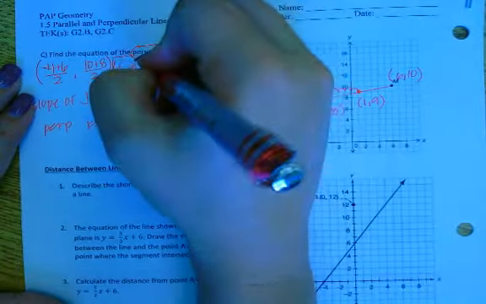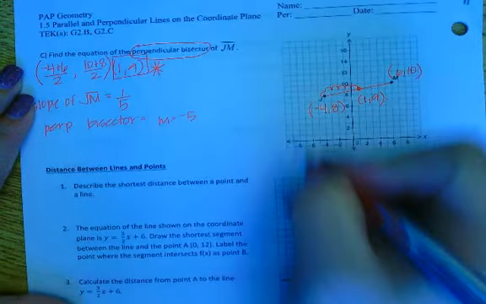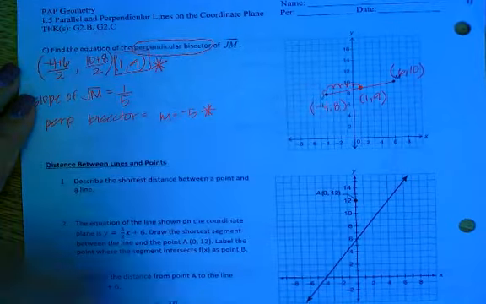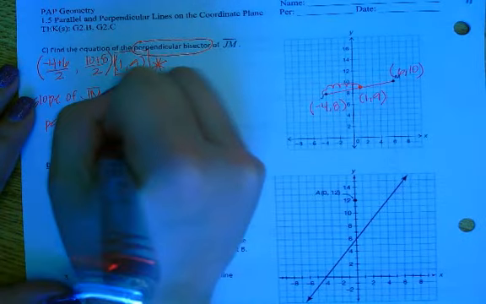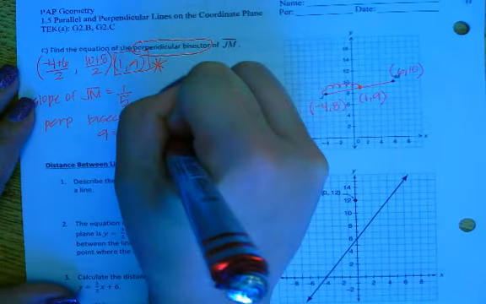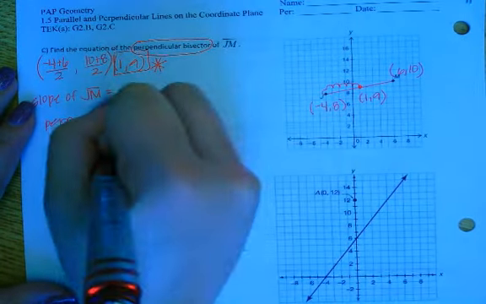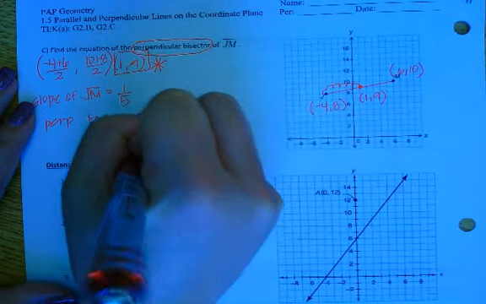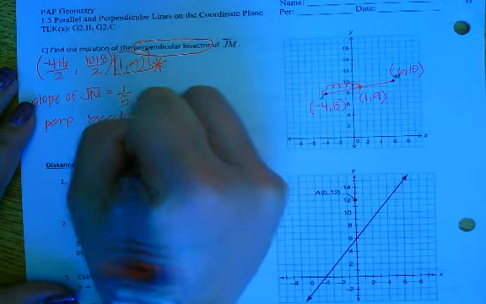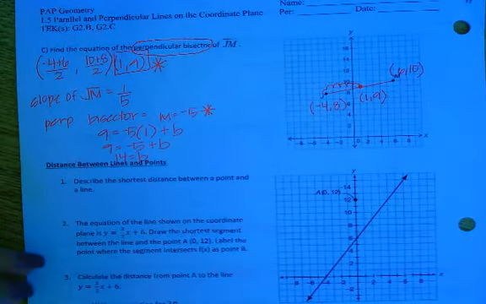Very good. You are using this point, this slope, and writing your equation. So we have 9 equals -5 times 1 plus b. 9 equals -5 plus b. So what does b equal? Okay, so what is the equation of our line?